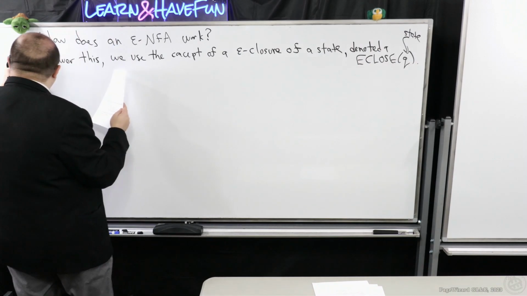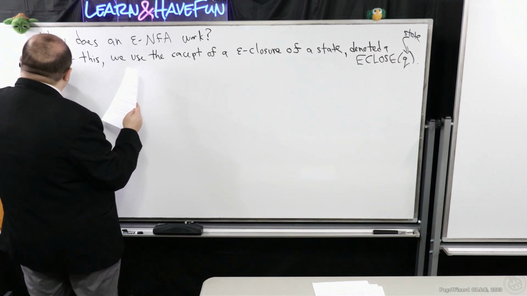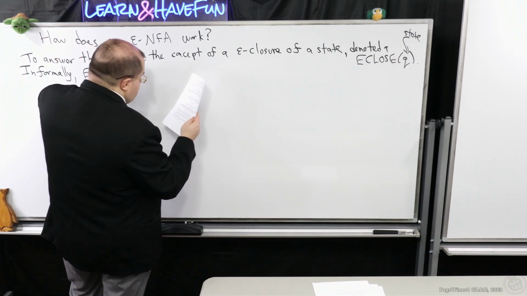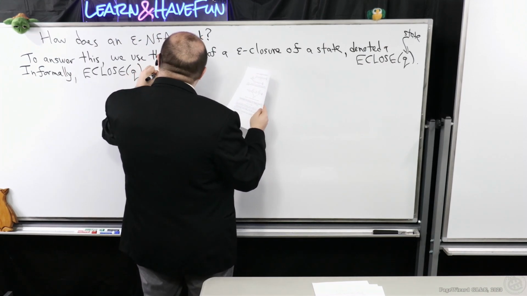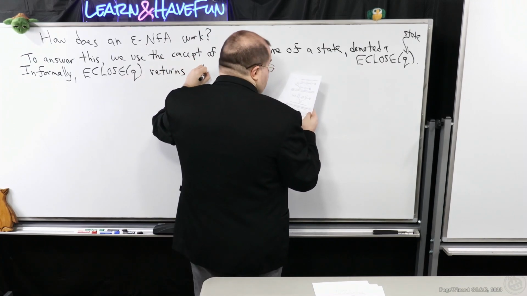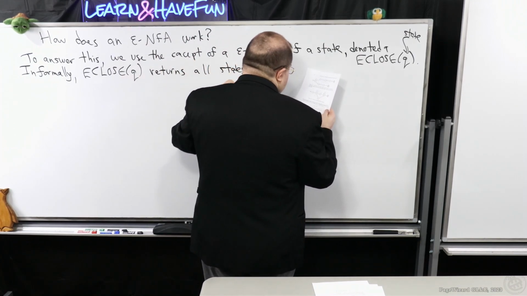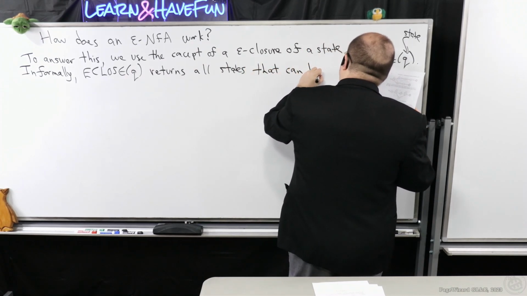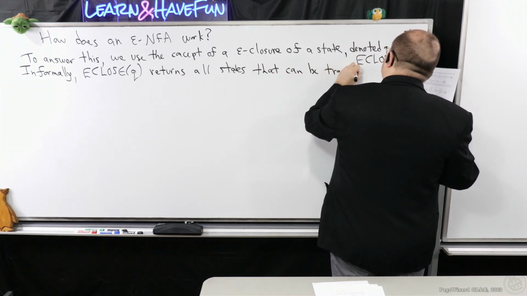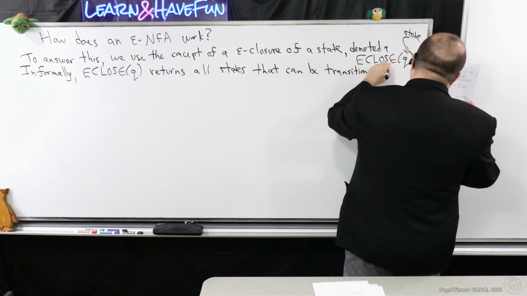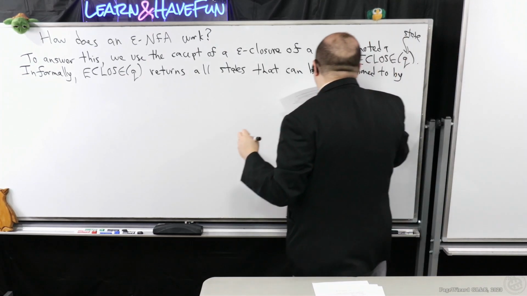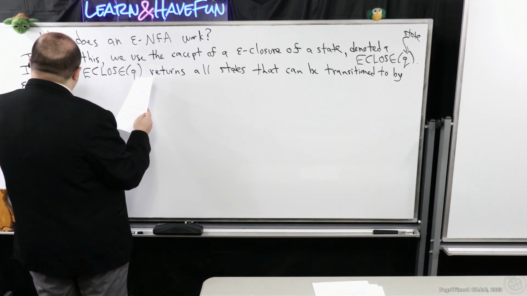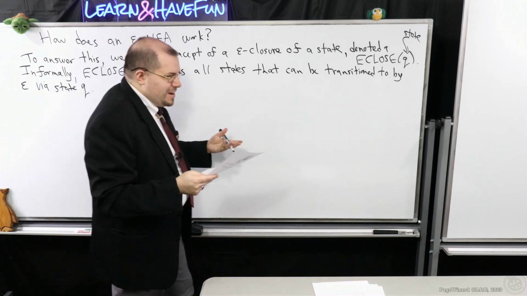Informally, eClose of Q, for state Q, returns all states that can be transitioned to by epsilon, the empty string, via state Q. Like I said, we give that option.